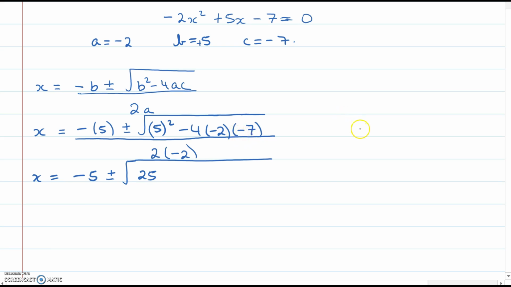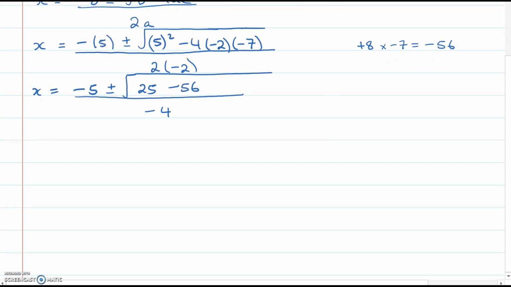If you're losing track and finding it difficult keeping in your head, just do it like this. Minus 4 by minus 2 is plus 8. And then multiply that by minus 7. Plus by minus is minus. 7 8s are 56. So it's minus 56 that goes in here. And on the bottom we have 2 times minus 2, which is minus 4.